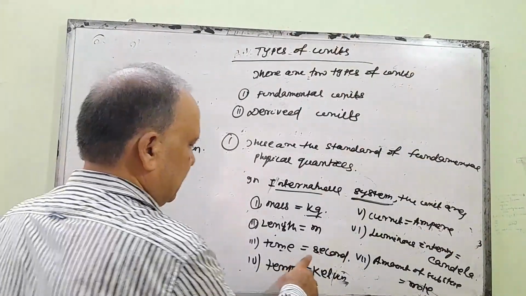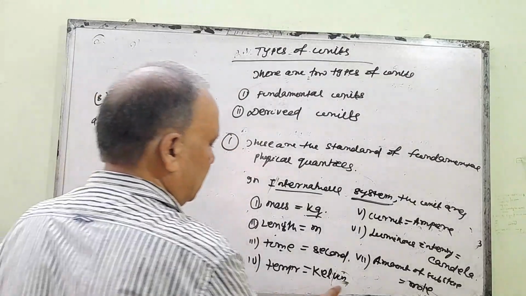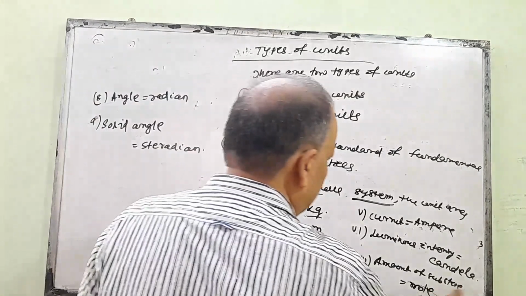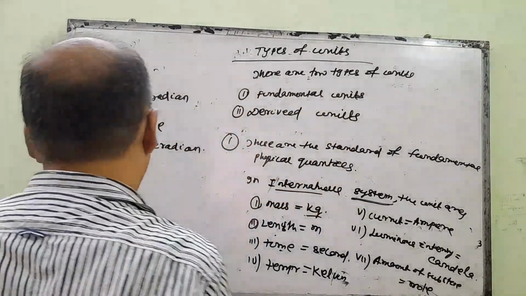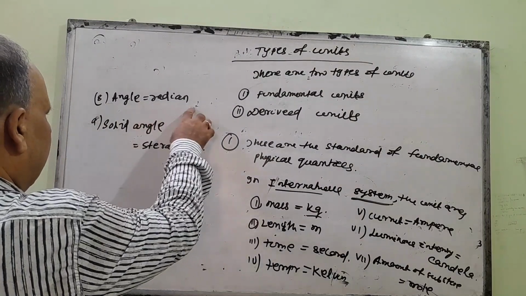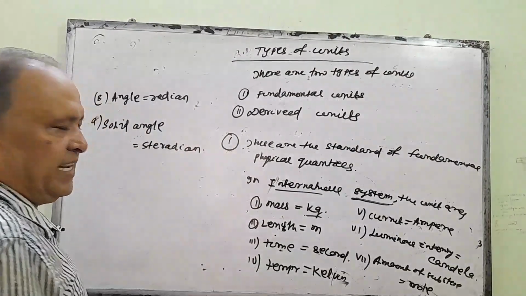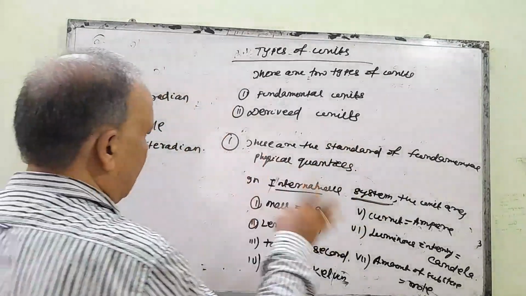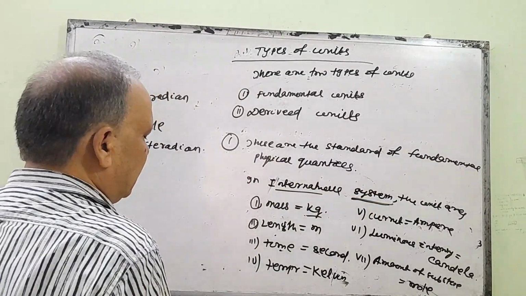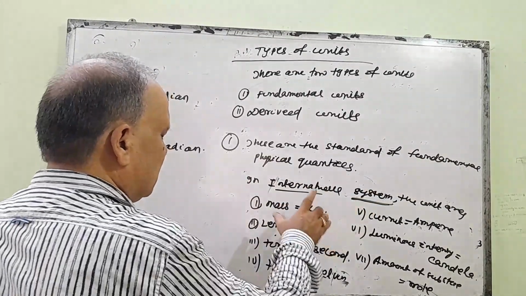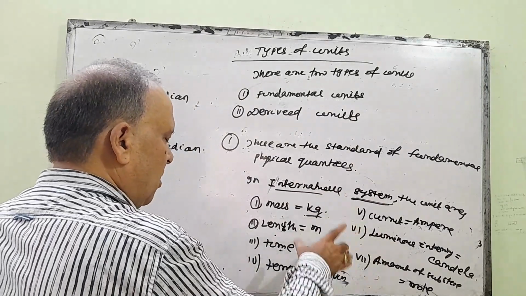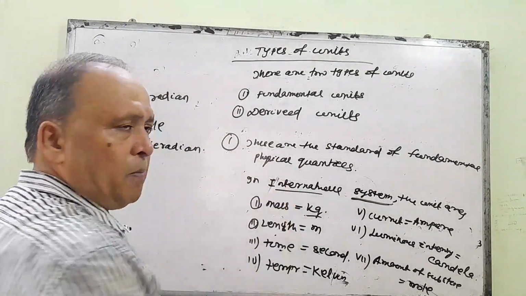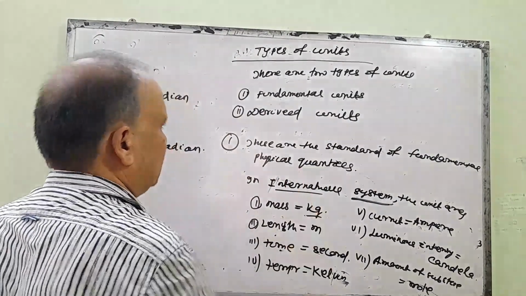Next time is second, temperature is Kelvin, current is ampere, luminous intensity candela, amount of a substance is mole. Then angle, radian, solid angle is steradian. These are the standards of fundamental physical quantities, and according to the international system, these were discovered at first. You remember this. After that other units of mass were discovered, but these were discovered first.